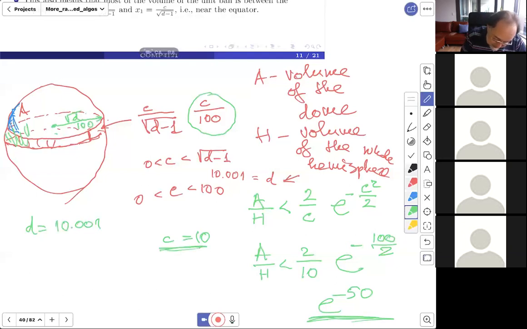So the volume of this dome compared to the proper hemisphere is negligible.